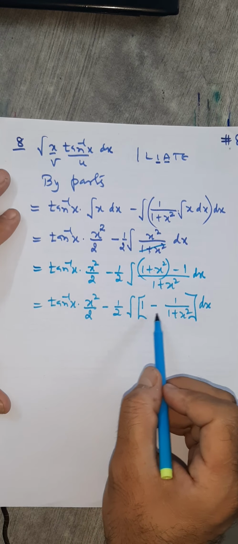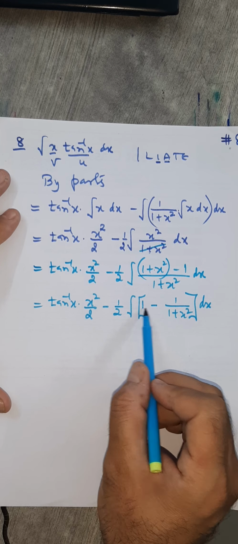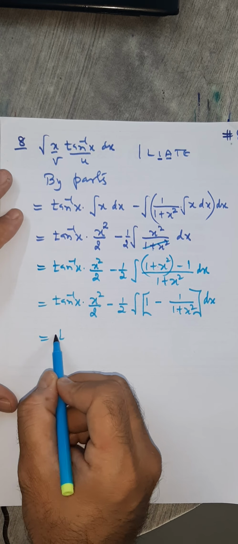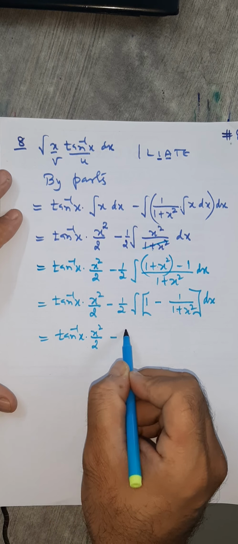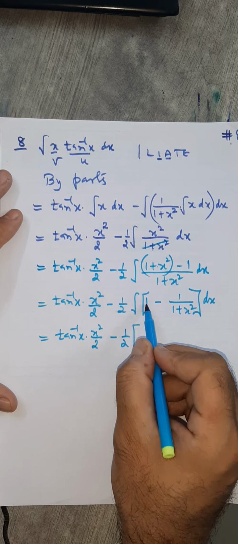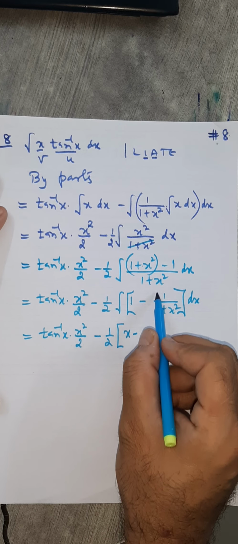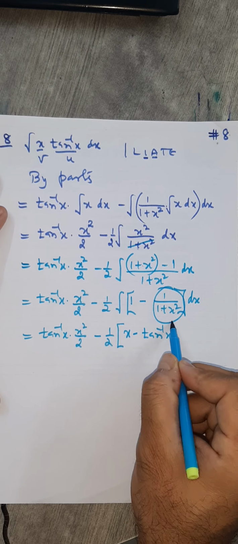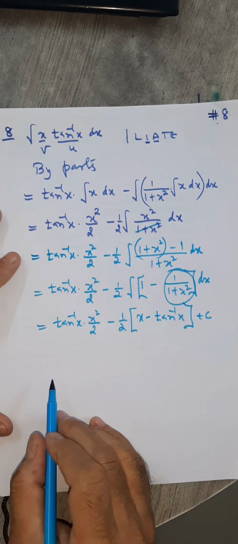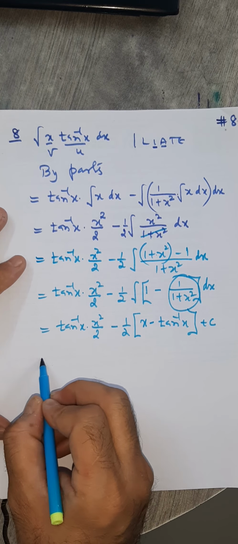Now you can see that this is very simple, because you can integrate this, you can integrate this. So tan inverse x into x squared by 2 minus 1 by 2. What is the integral of 1? Which is x. What is the integral of this one? You know, tan inverse x plus c. So let's simplify. Integration is over here.